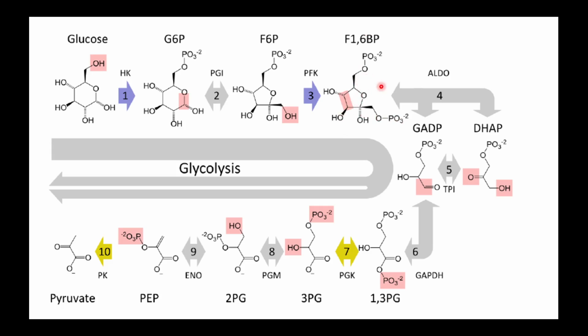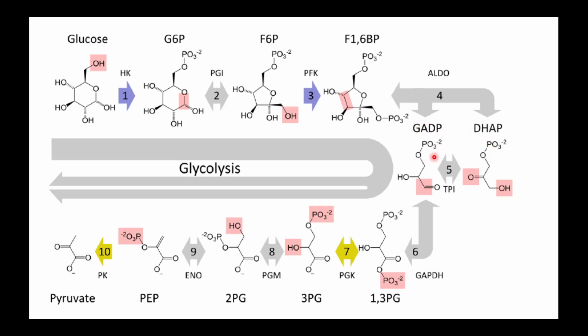From this, two intermediates are generated by an enzyme called aldolase. One is glyceraldehyde phosphate, and second is dihydroxyacetone phosphate.